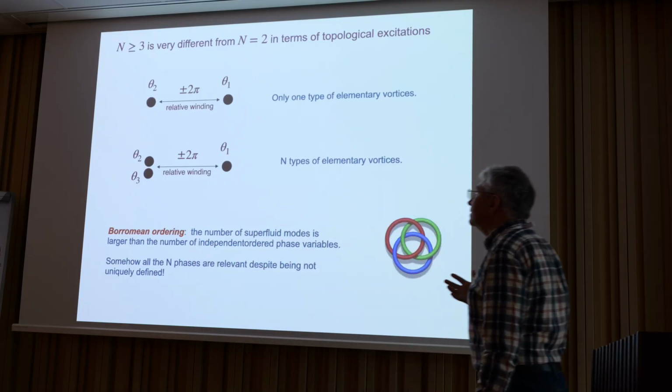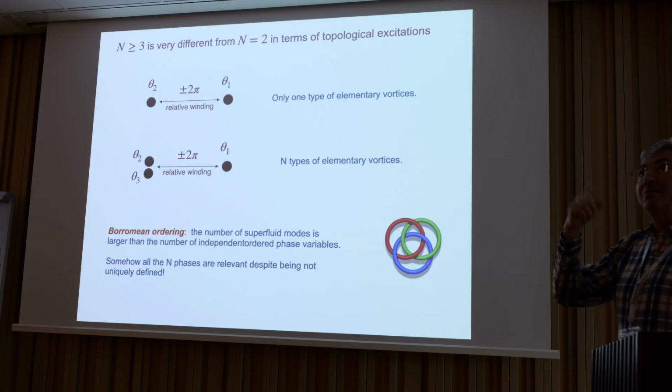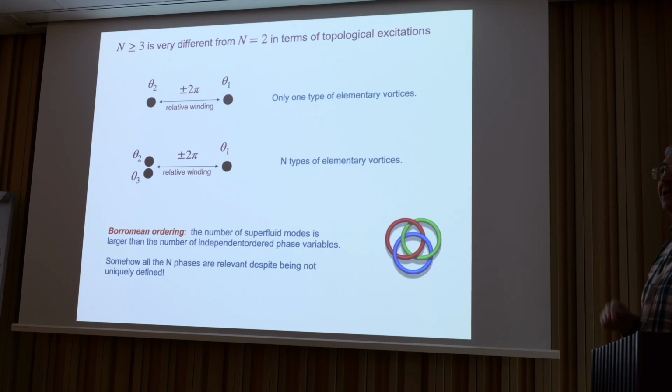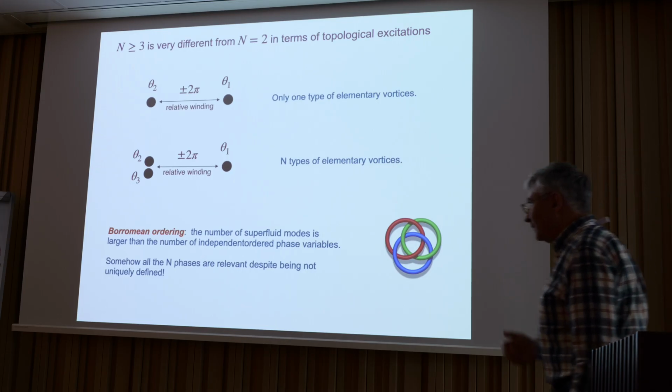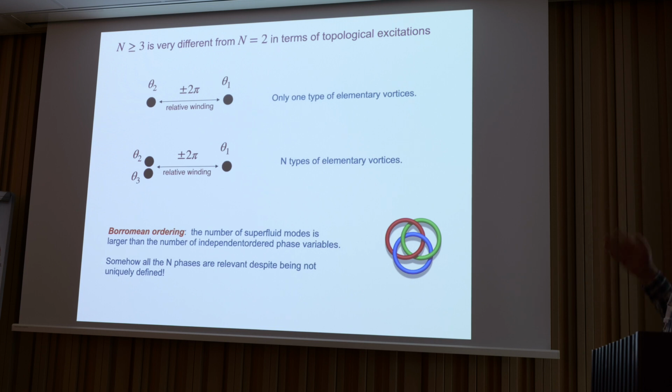So all of a sudden, we see that while with 2 components, there is only one type of vortices. With 3 or more components, the number of elementary vortices is exactly equal to the number of components. And that creates an intrigue, which is essentially the essence of Borromean ordering as opposed to just counterflow ordering.